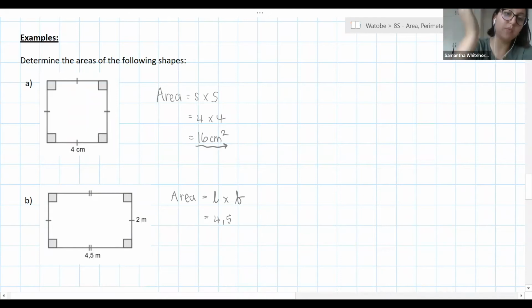Okay, so just remember, we only want to times one length and one breadth. So we don't need to do the 4.5 twice. Okay, ma'am. So it's 4.5 times 2. And that will give us our area. Do you want to tell me what that answer is? It's 81, ma'am. Oh, wait. That's 9, ma'am. Good, well done. So this would be 9 meters squared.